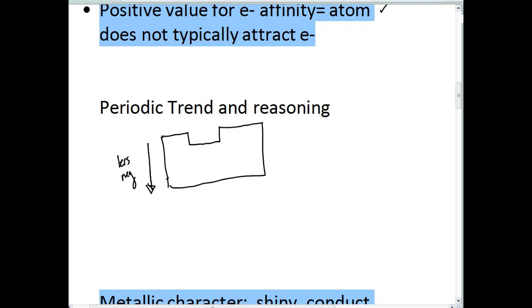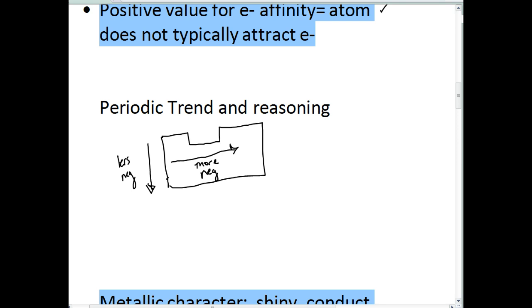They have more affinity. And then as we go right across the periodic table, it tends to increase in negative value. Let's erase that, and I think a better way to say it is it becomes more negative, and by being more negative, you have more affinity.